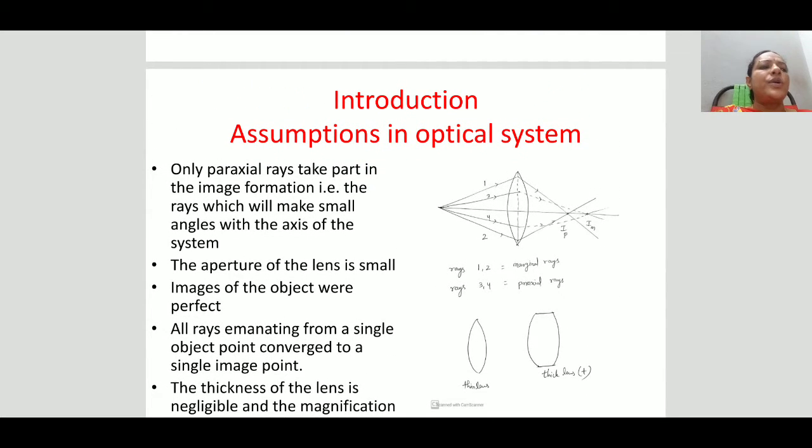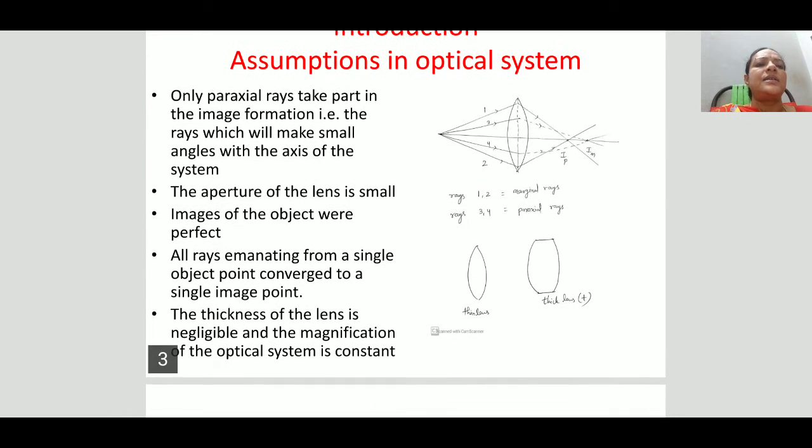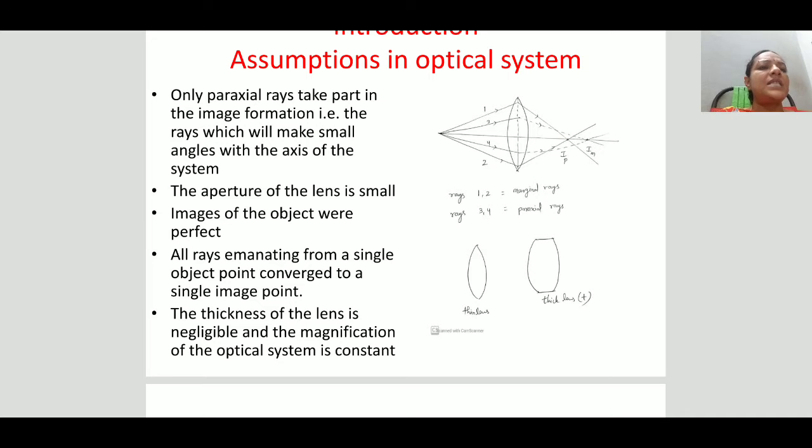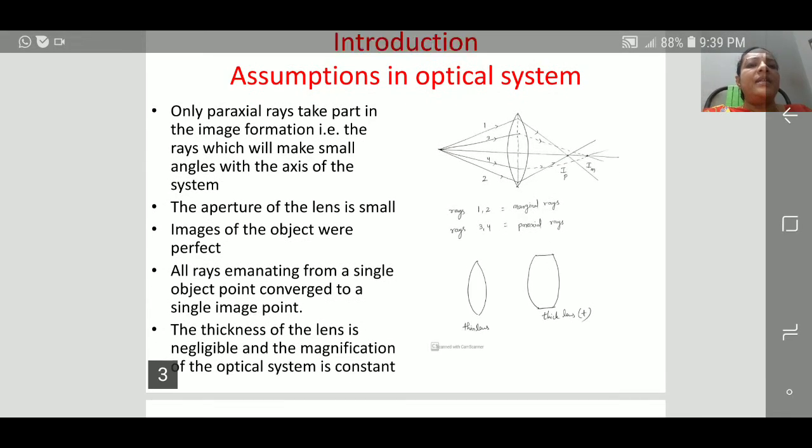Before going to discuss these aberrations, let us discuss some assumptions in our optical system. Suppose we consider any optical system, here you are observing this optical system in this slide.